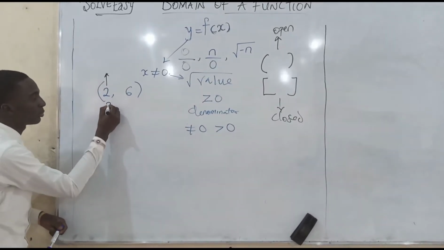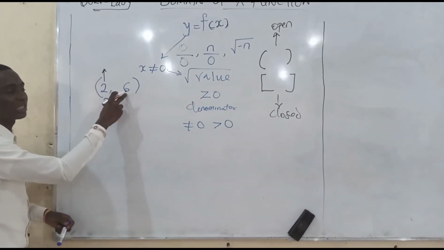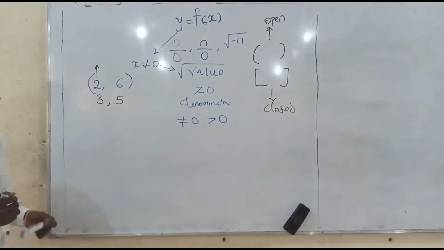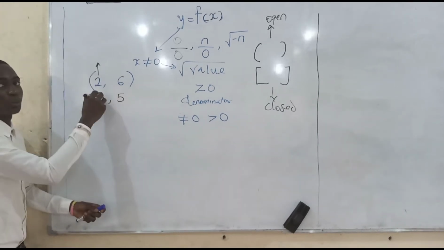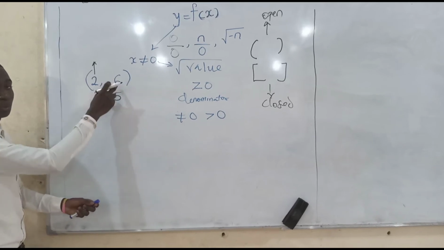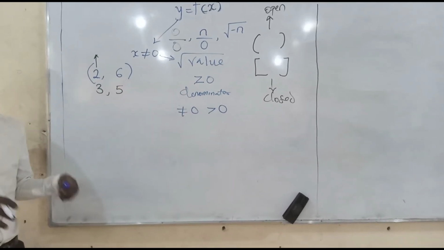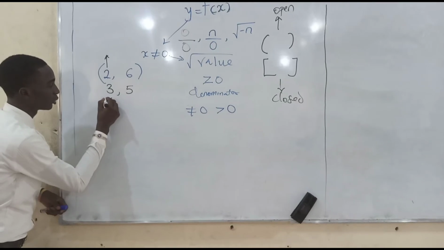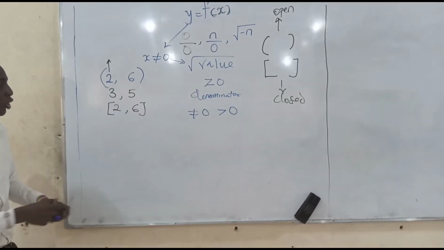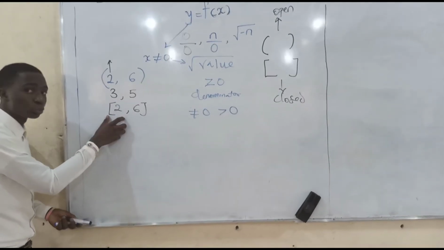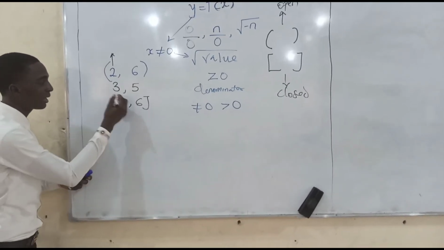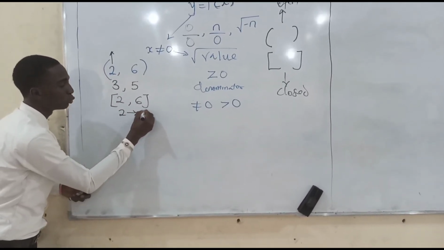It starts from 3, and the value here did not end in 6. It ends in 5. That is to say, since it's an open bracket, this 2 is not included, and since here also is an open bracket, this 6 is not included. So for a closed bracket, it's somehow reverse. If I'm having 2, 6, now the number starts from 2 and it ends in 6. No backward, no forward. So the numbers here are 2 to 6.